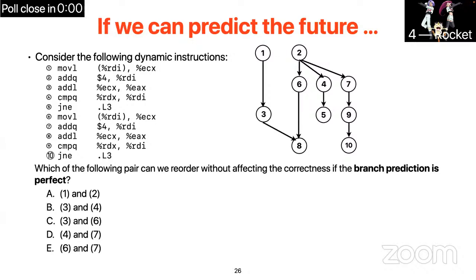Okay, so maybe we can go through each one, right? For 1 and 2, first of all, in the data dependency graph, if we put them in this order, they actually do not depend on each other. But what if I flip their order now? What would happen?